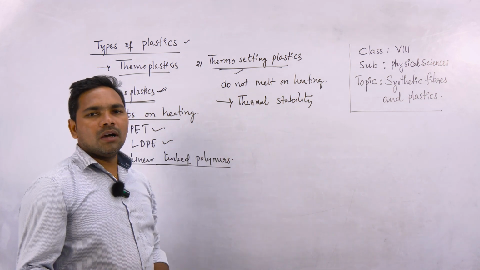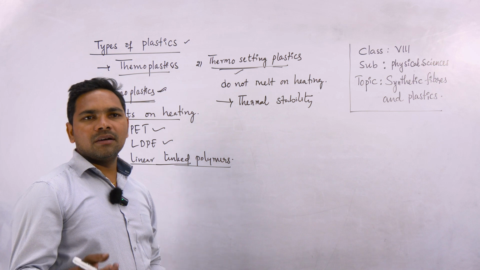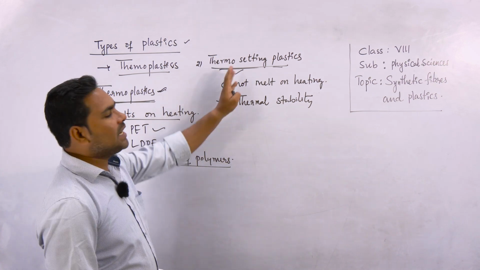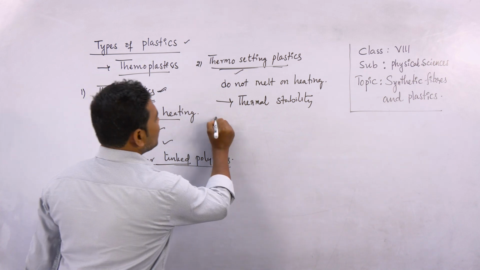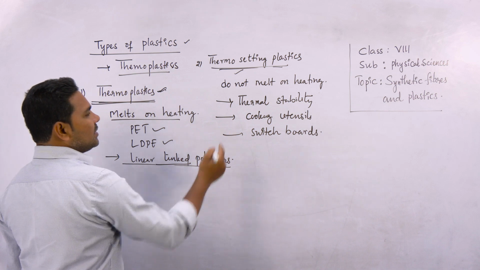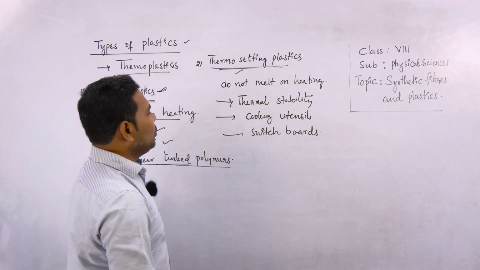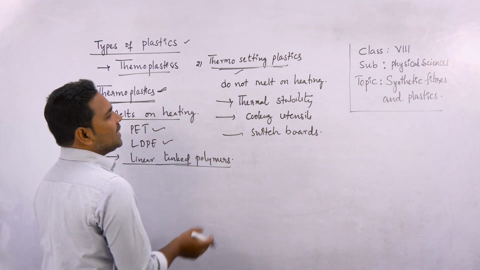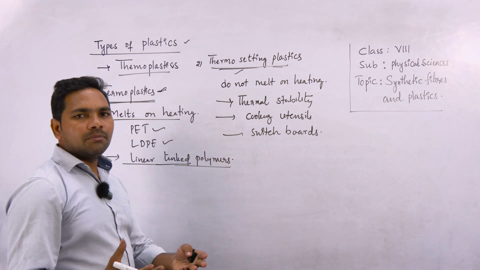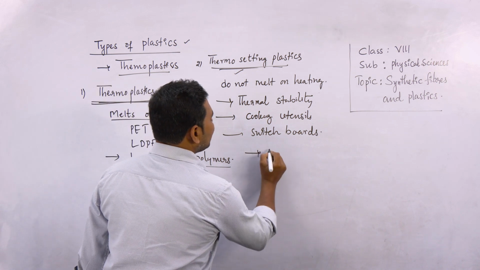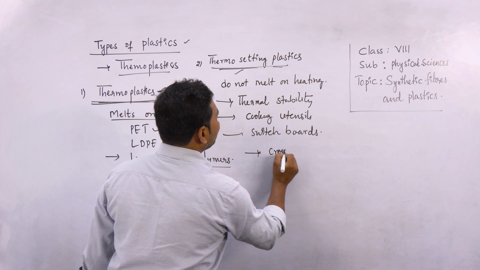So in laboratories, in cooking utensils, and in electrical components, thermosetting plastics are generally used, because they do not melt. And what makes thermosetting plastics bear high temperatures without melting? The reason is the cross-linked arrangement.